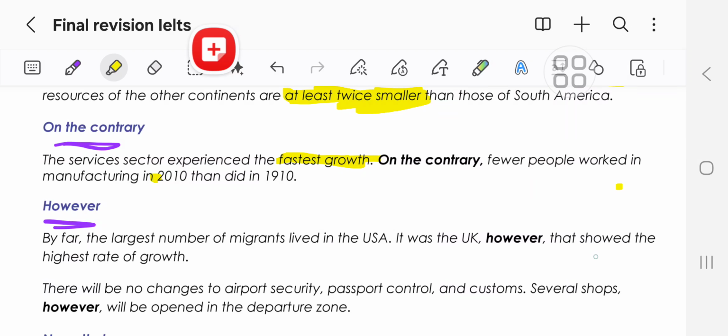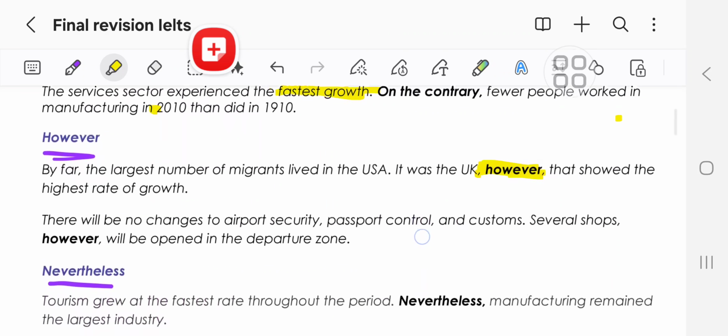It was the UK, however, that showed the highest rate of growth. So it was the UK, comma, however, comma, that showed the highest growth. By far, comma, the largest number of migrants lived in the USA, full stop. It was the UK, comma, however. So there is always a comma or full stop before however, but however is always followed by a comma.